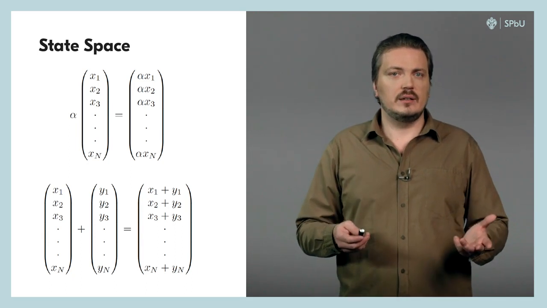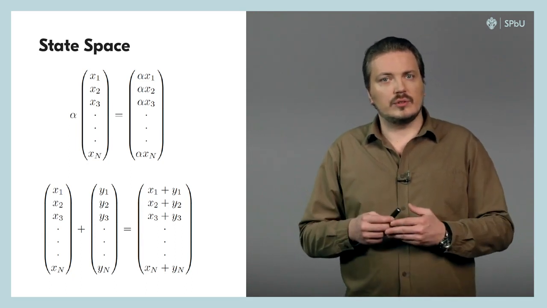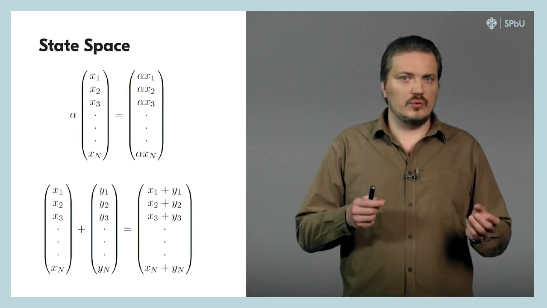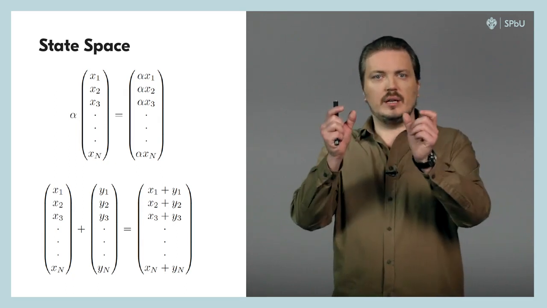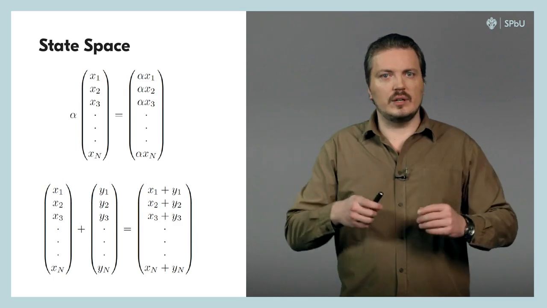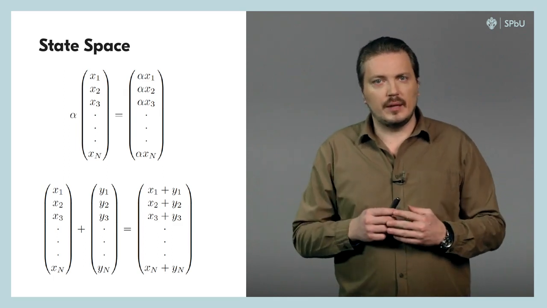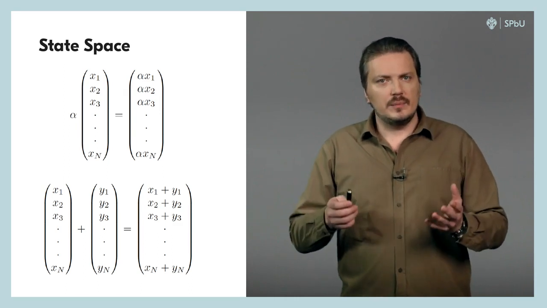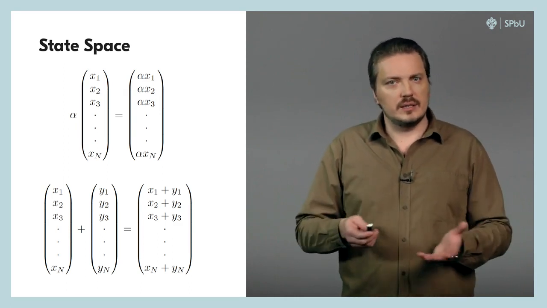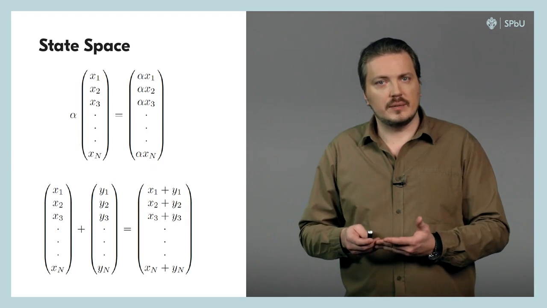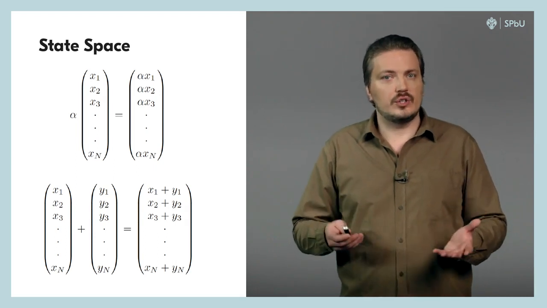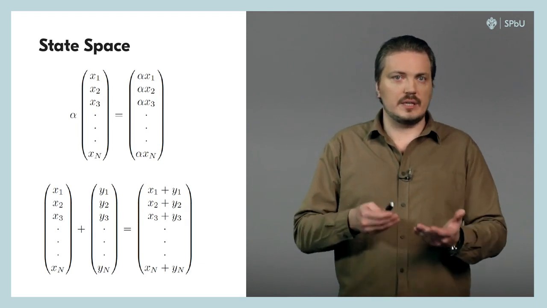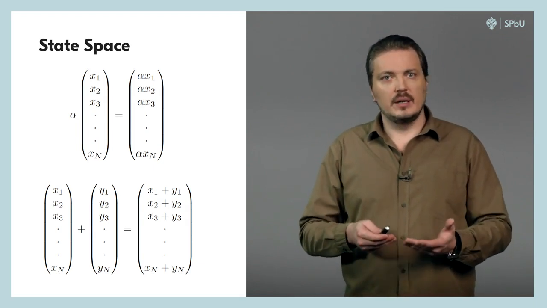And second, the sum of two vectors, which we define as a column, each element of which is the sum of corresponding elements of the columns we add up. Okay, the set of columns defined like this is indeed a linear vector space. And for each basis element E, we have a column, which represents this basis vector as a column vector.